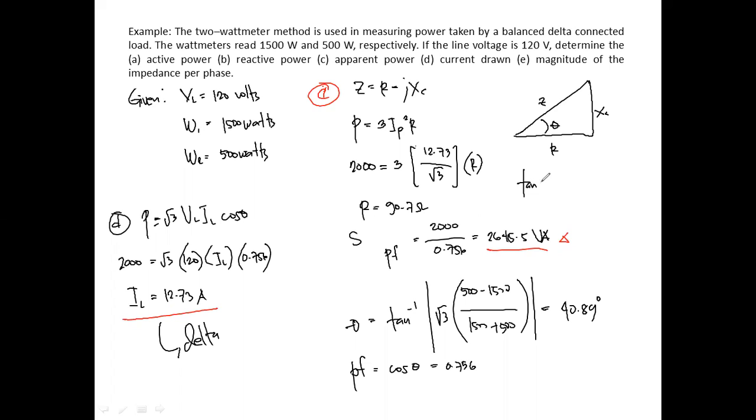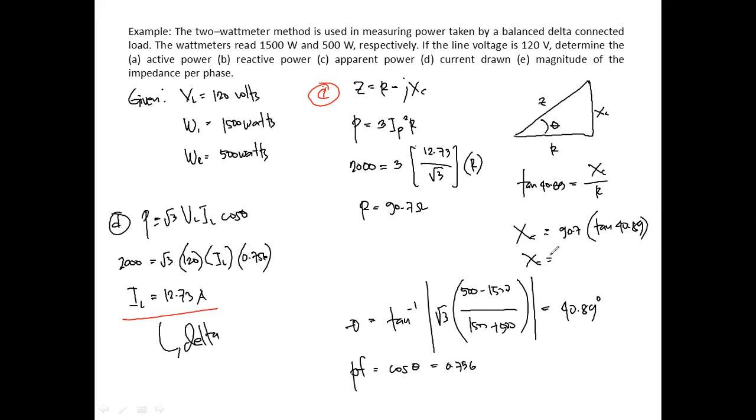You have the tangent of theta, which is 40.89, so that is XC over R. So XC can be calculated as 90.7 tangent of 40.89. XC then is equal to 78.53 ohms.